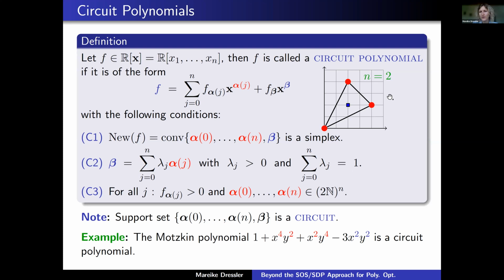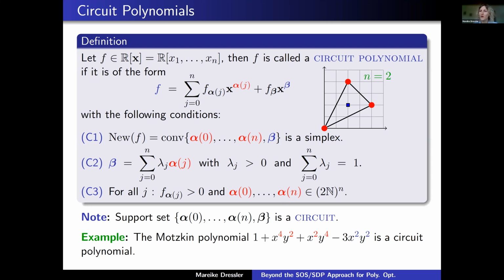This would give me the point (4, 2). (2, 4) is this vertex. And (2, 2) is this interior point. So we have the shape. And we also have that the third condition is satisfied, right? The coefficients of the vertices are 1, 1, 1, so strictly positive. And also the vertices themselves are even. So the Motzkin polynomial is a circuit polynomial.